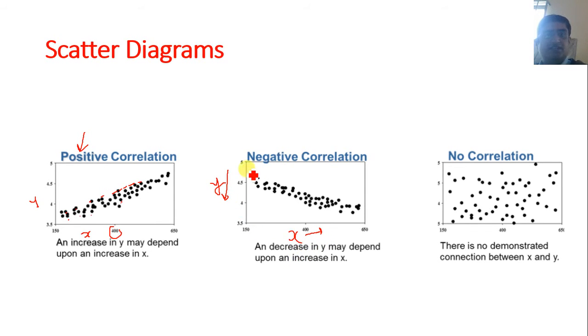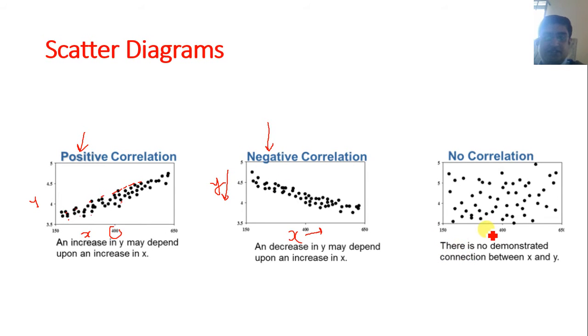As the value of x increases, the value of y decreases. This happens in the case of a negative correlation in a scatter diagram.